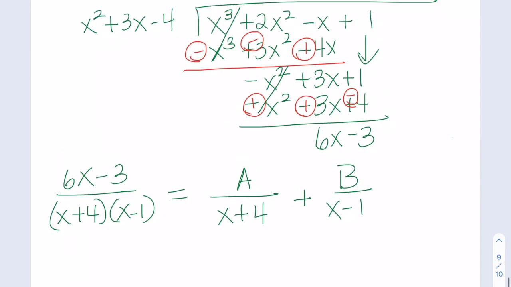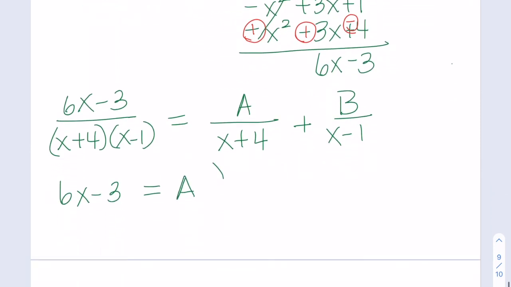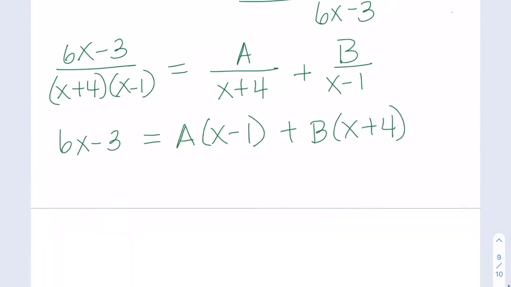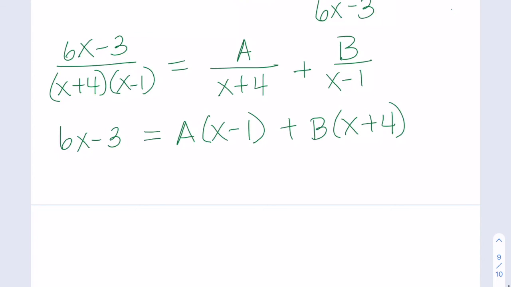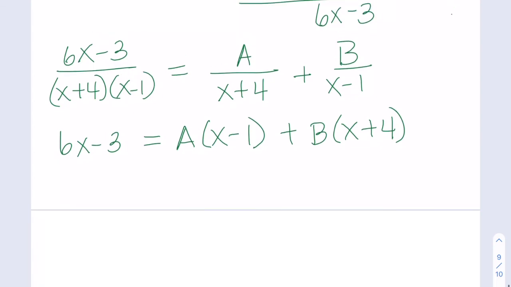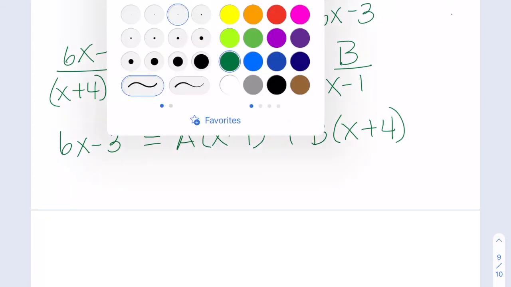Solving for this one is a little bit easier than the ones we just did. We're going to multiply all these fractions by the denominator. So this will be a times x minus 1 plus b times x plus 4. And we can go back to letting x equal a value to write the equations.